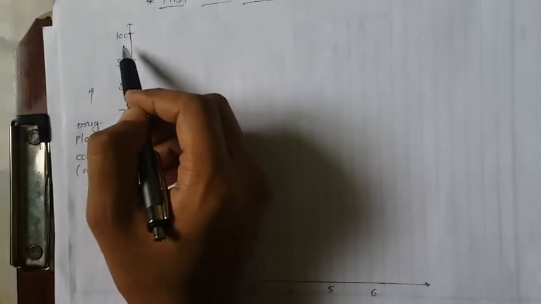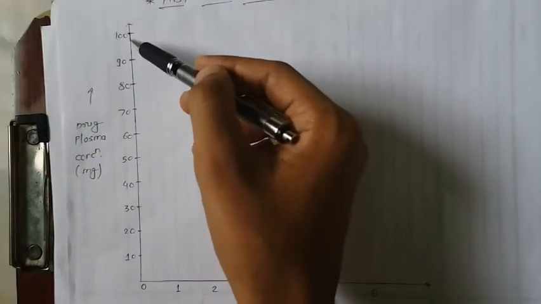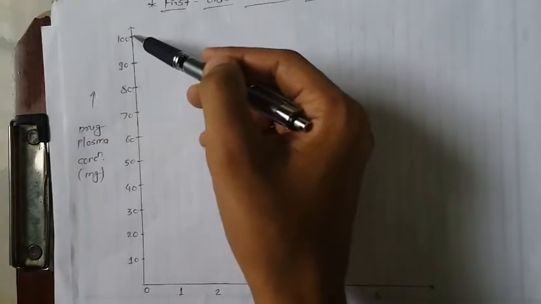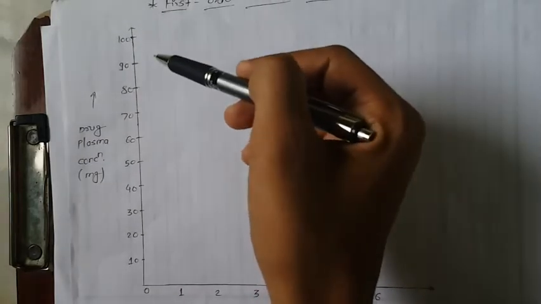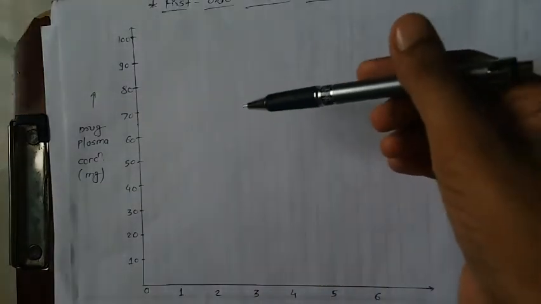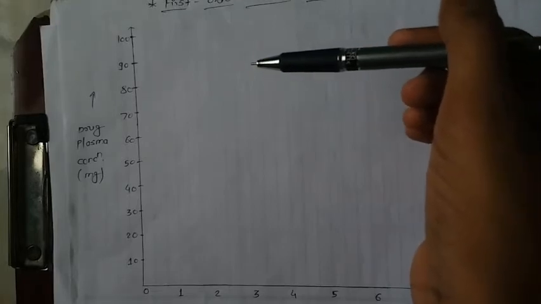Suppose we have a 100 milligram dose of the drug administered, and after administration it will be distributed throughout the body. Then it starts eliminating from the body. We know that half-life is the time in which 50% of the drug is eliminated from the body.